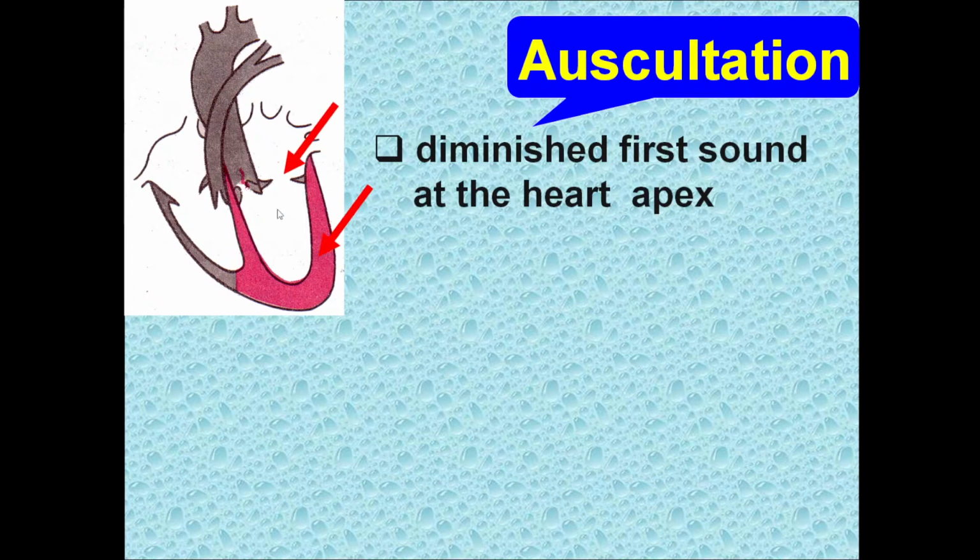You see the first sound diminishes as in the case of mitral regurgitation, muscular and valvular component. But in mitral regurgitation, the valvular component is due to anatomic defects, shortened mitral valve due to pathological growth of connective tissue. Here, relative mitral insufficiency, because the mitral valve is unclosed due to widening of the mitral orifice because of dilation of the left ventricle.